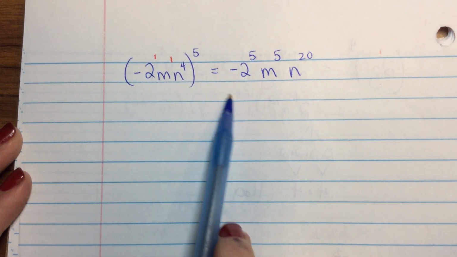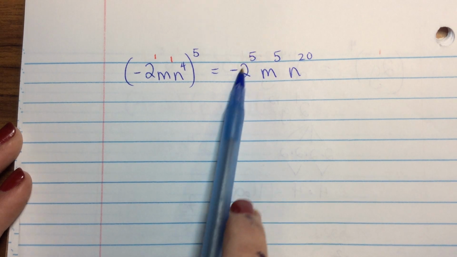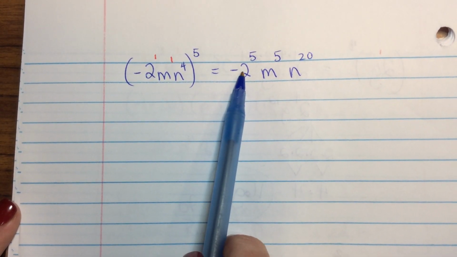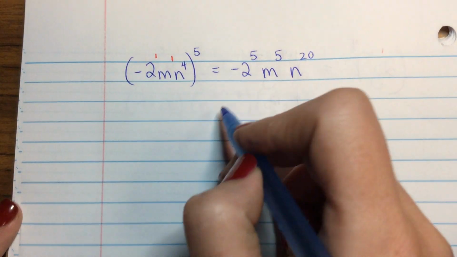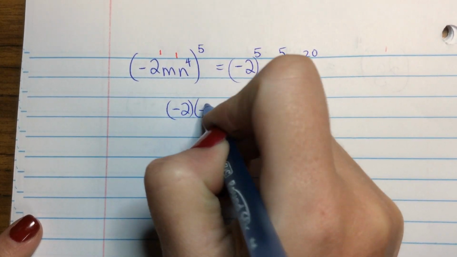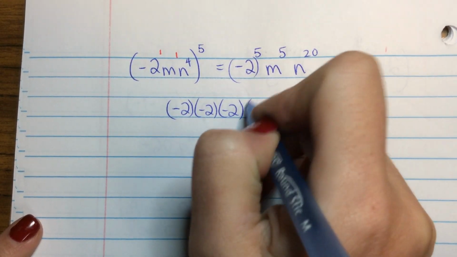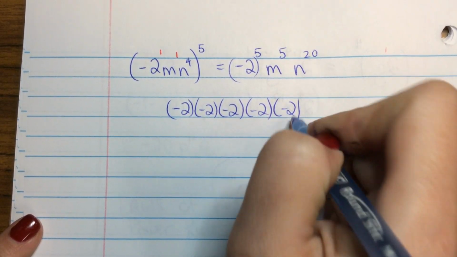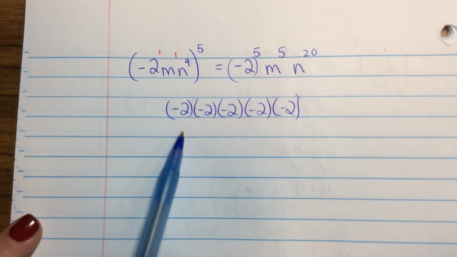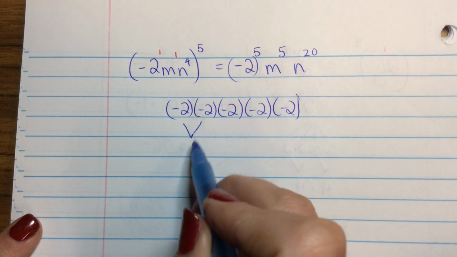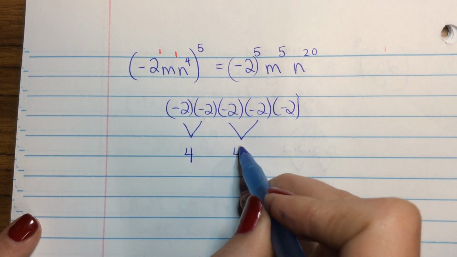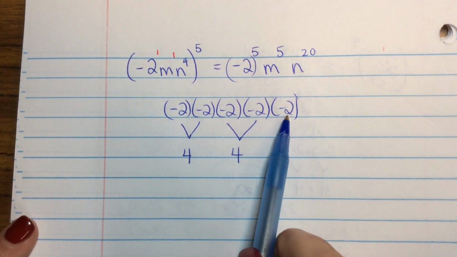All right, now that I have it written like this, I need to simplify the numbers. Negative 2 to the 5th power is actually a number. So we can't leave it like that. We need to work it out. So this is in parentheses, so it's negative 2 times negative 2 times negative 2 times negative 2 times negative 2. Well, every two negatives are going to become a positive. Negative 2 times negative 2 is positive 4. Negative 2 times negative 2 is positive 4. But then I still have a negative 2 over here.